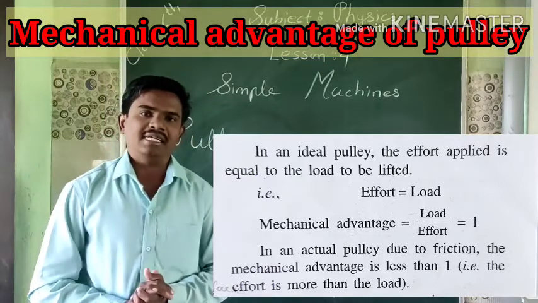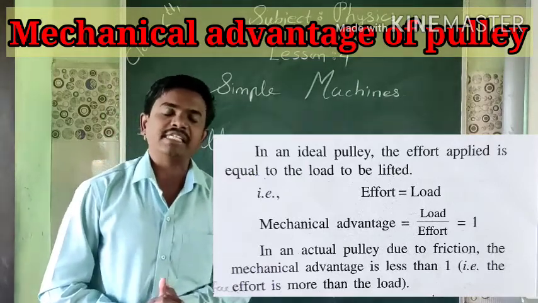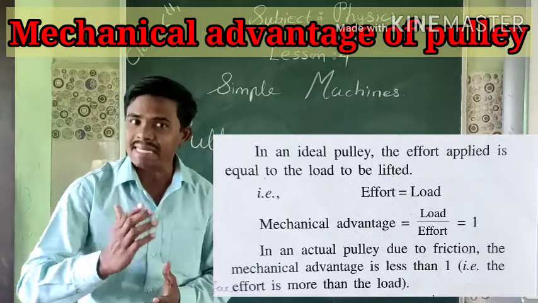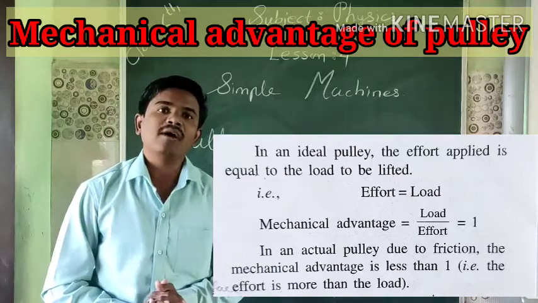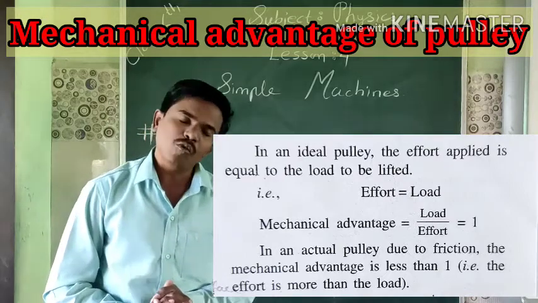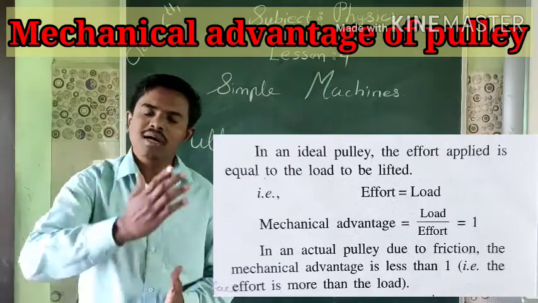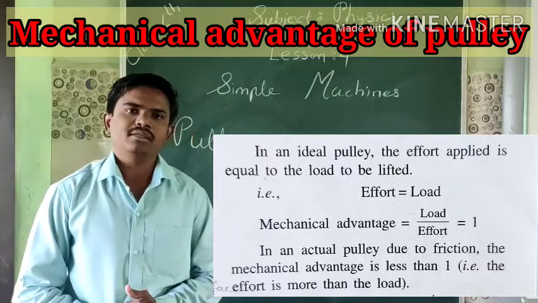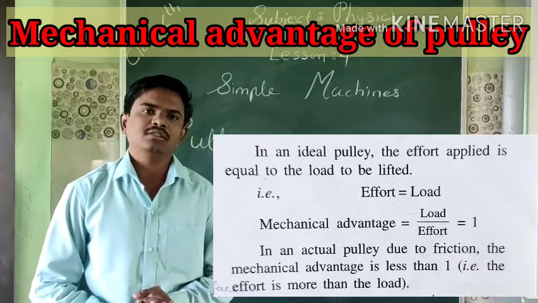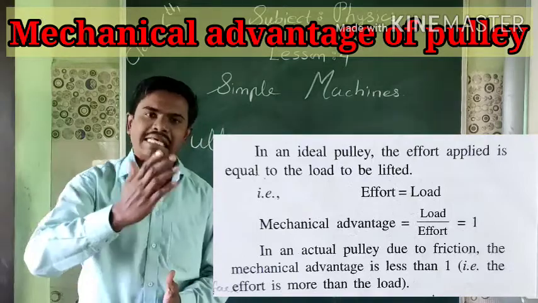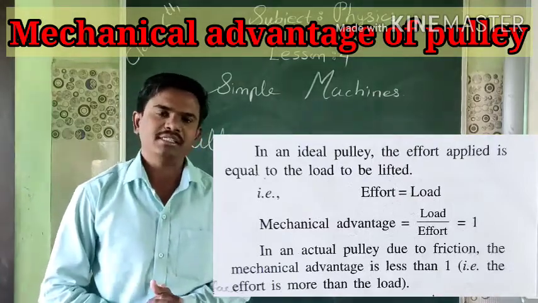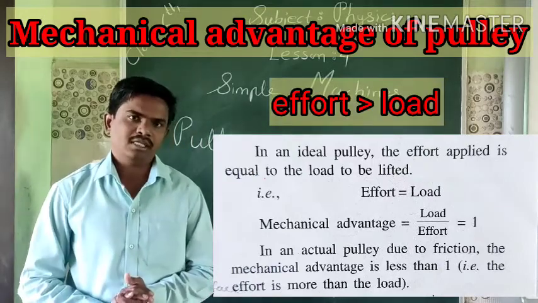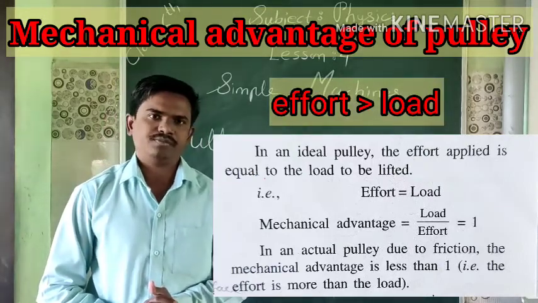So we can say that effort is equal to load, then the mechanical advantage is equal to load upon effort, and that is equal to 1. But in an actual pulley, due to friction, the mechanical advantage is less than 1 because the applied effort is more than the load.